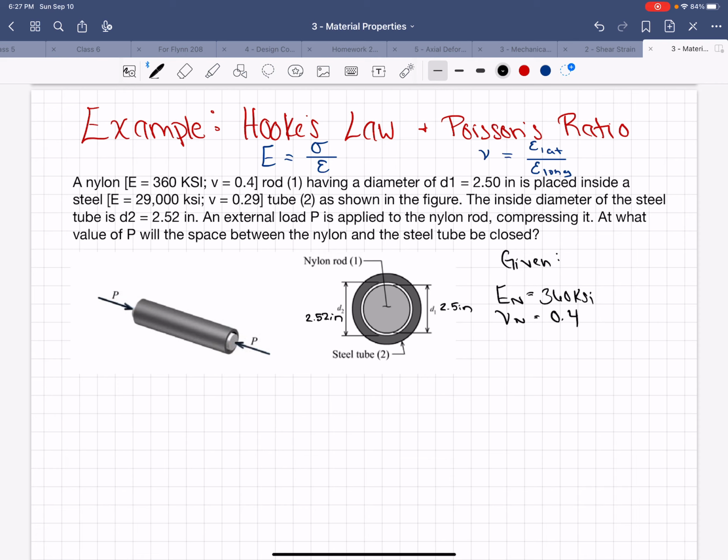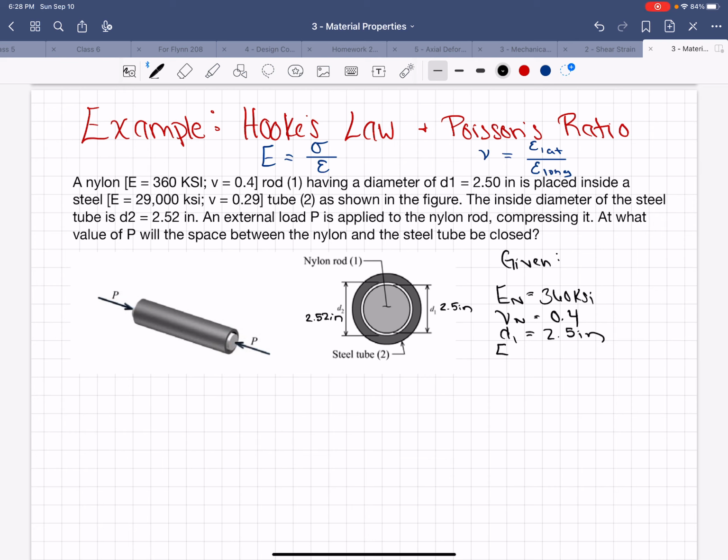And that's rod 1, so that's the inside of this two material system. And it has a diameter D1 equal to 2.5 inches.